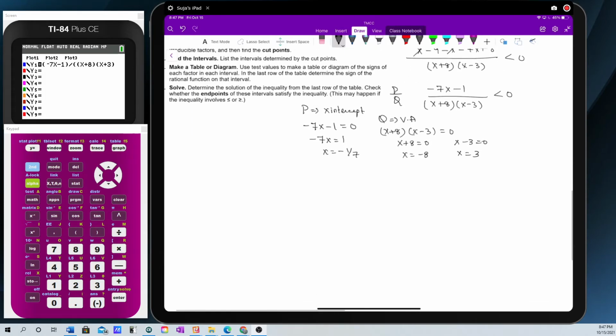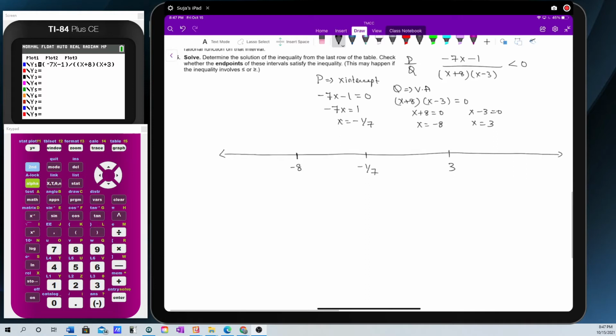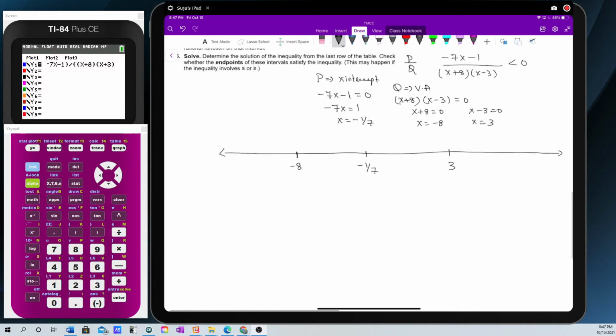Okay. So first let me write them out and then draw the number line. I'm going to place these three numbers, and I know the leftmost number is going to be negative 8, and then it's going to be negative 1/7, and then would be 3. Okay, so I'm going to write these factors down.